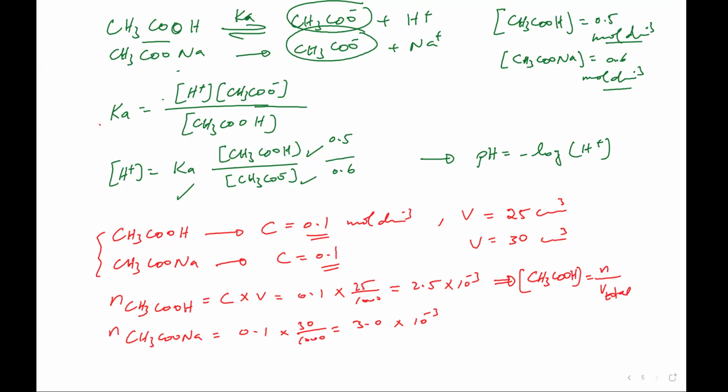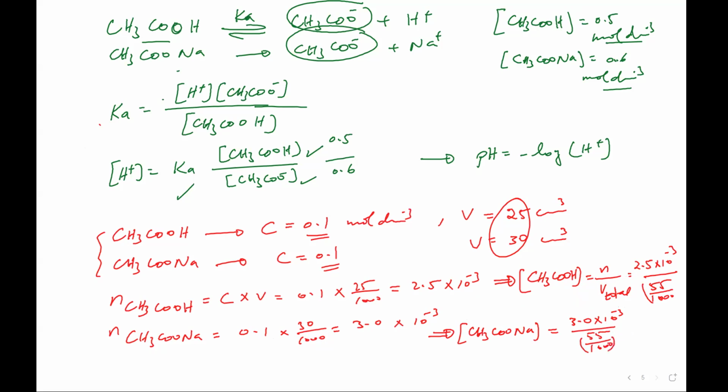So here we take the number of moles that we got, 2.5 times 10 to the power minus 3, divided by the total volume, which is 55 over 1,000, and you get the new concentration. And for the sodium ethanoate, you will do the same: the new concentration is equal to the number of moles, which is 3.0 times 10 to the power minus 3, over the total volume, which is 55 divided by 1,000. And you get the new concentration.